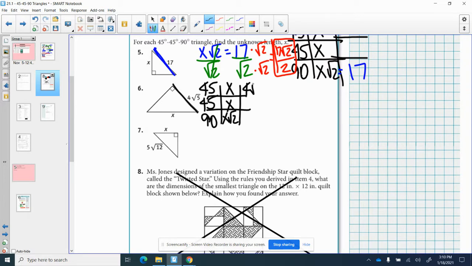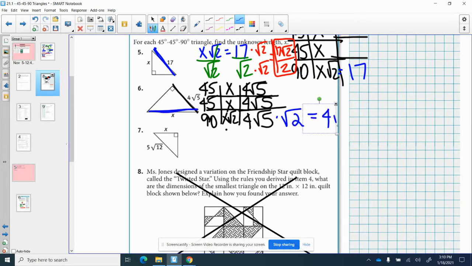We have this value, so we know that the other leg will also be that value, and to get the 90, we have to take that value and multiply it by the square root of 2 to get the hypotenuse. So 4 square root 10 is our final answer there for the hypotenuse, because the square root of 10 does not break down anymore.